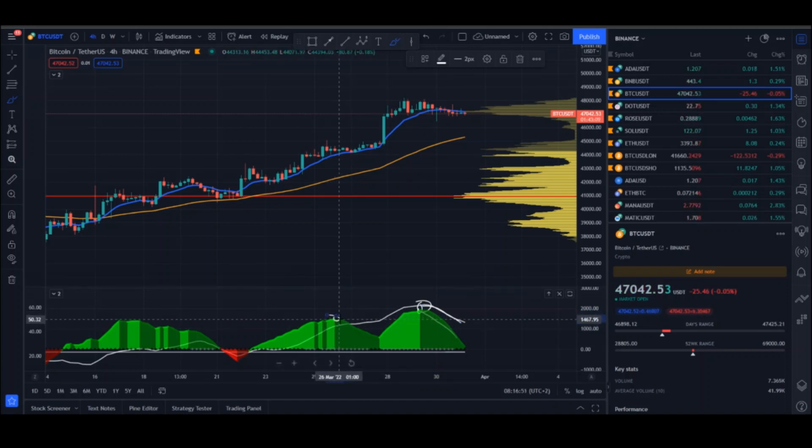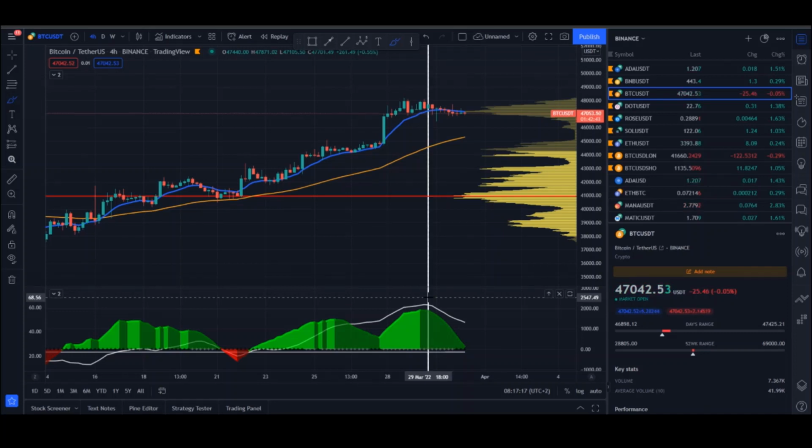But the problem was that here we didn't have the confirmation of the negative slope. The slope didn't turn down and the pattern wasn't confirmed. But now we have the confirmation pattern in this way.